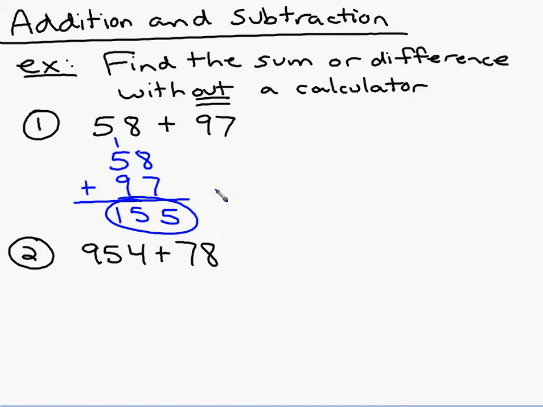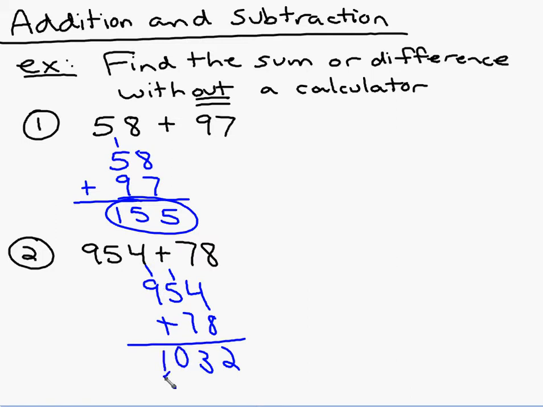All right, let's see how you did. 954 plus 78. Like I said, make sure you line up the numbers correctly. 8 plus 4 is 12. Carry your 1. 7 plus 6 is 13. Carry a 1. 9 plus 1 is 10. At the end, I just write the 10. You should have had 1,032.